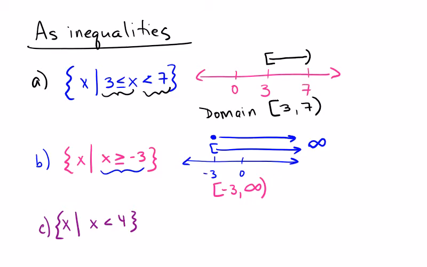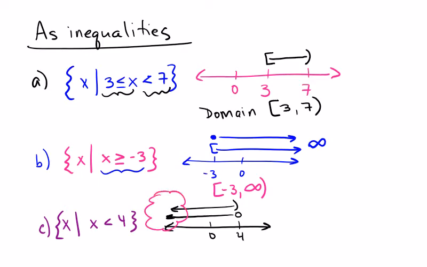But here we go. Our number line first. We're going to have 0 and we have +4. At +4, we have strictly less than. That means open circle and we're going to the left, or it means parenthesis and we're going to the left. So what does that mean about our interval notation? The first thing is we need to identify what number we are going to on the left side.